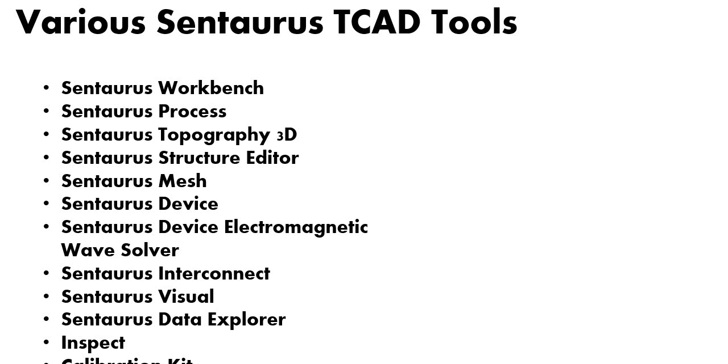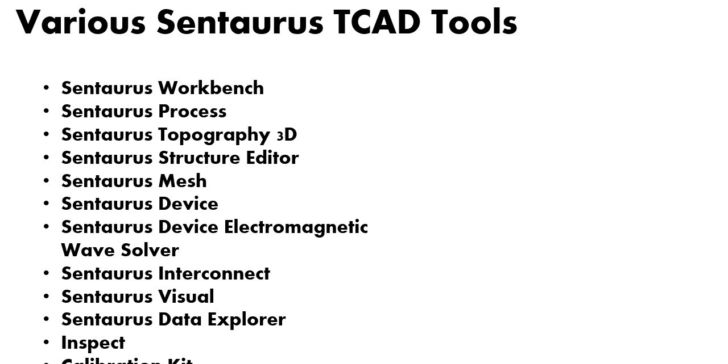Next, after that the device is simulated with the help of Sentaurus device. We usually call Sentaurus device S-device. Next is Sentaurus device electromagnetic wave solver, which is used for electromagnetic fields and electromagnetic devices.